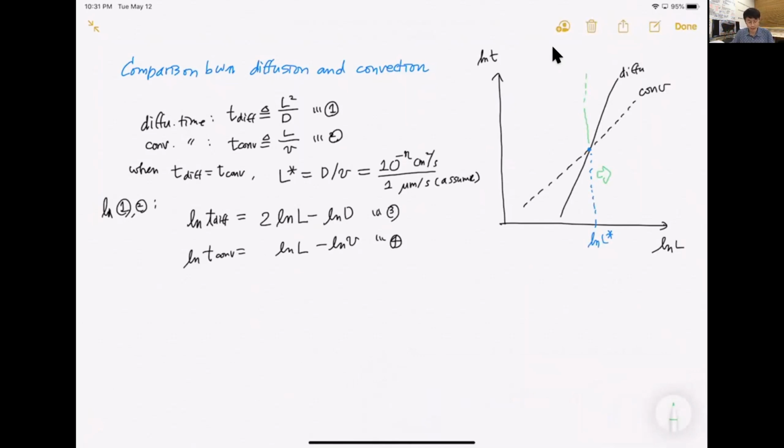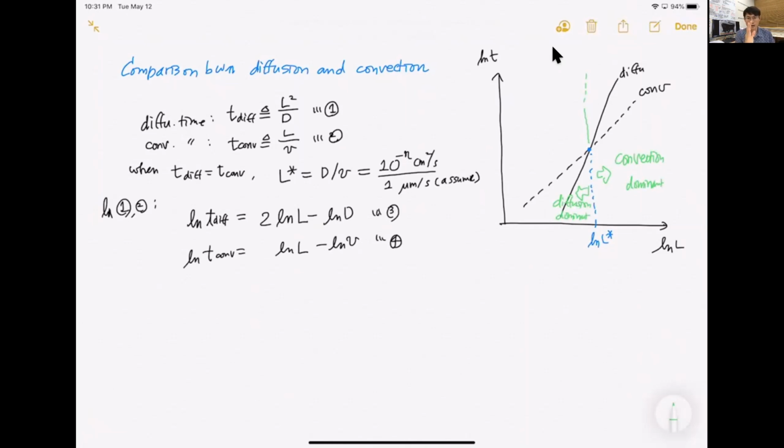So on the right-hand side, convection time is smaller, so it's the convection dominant region, while the left side is diffusion dominant.